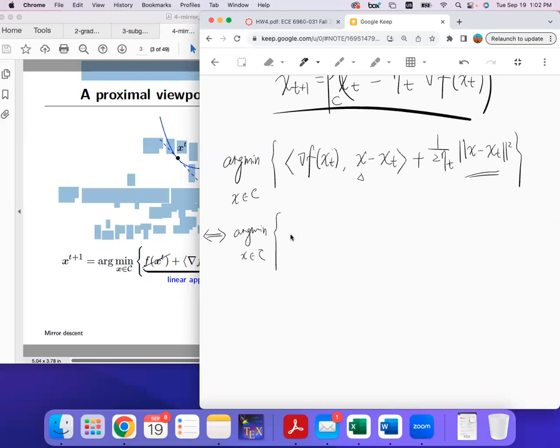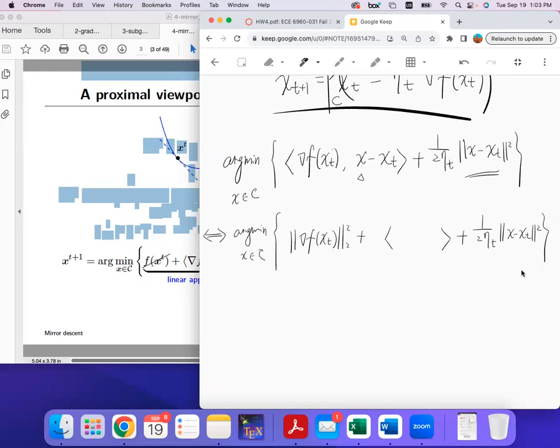So I can just add gradient f_t squared, and then I will skip this inner product. This is the dot product term, and this is that quadratic term.